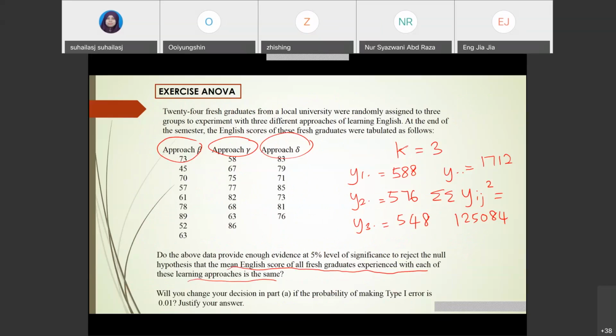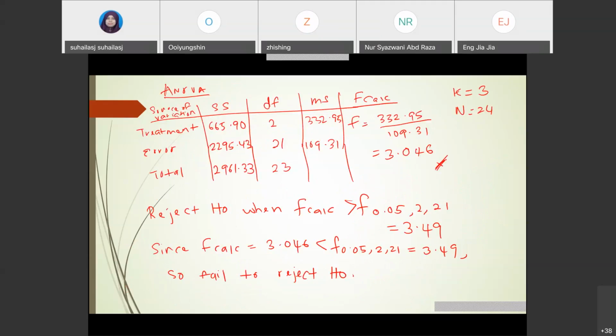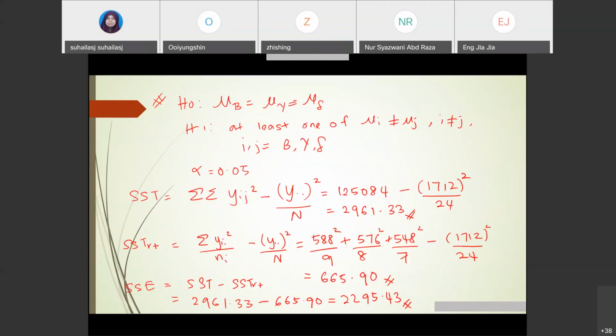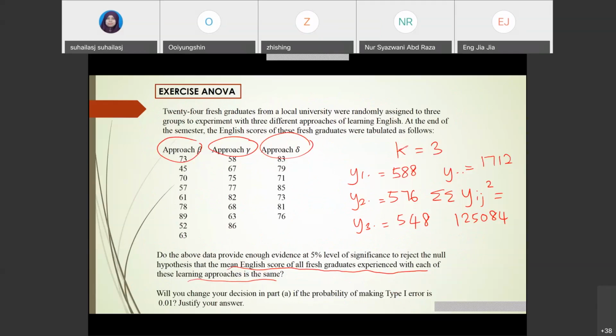Or you can answer: the mean English score of all fresh graduates experiencing each of the learning approaches is the same. Since we failed to reject the null, mu beta, mu gamma, and mu delta are the same. So there is evidence to indicate that the mean English score of all fresh graduates experiencing each of these learning approaches is the same.